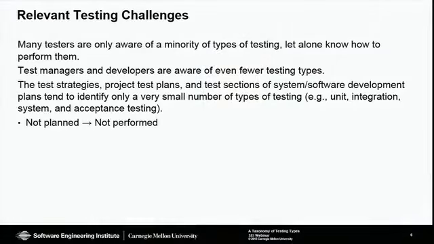And naturally, test managers and project managers and developers are going to be aware of even fewer types of testing than the testers themselves. And if you look at the testing planning documentation, whether it's the test strategy, test plan, or the testing section of a software development plan, they usually only cover a relatively small number of types of testing. And the problem that we have there is, if you're not planning to do it, then you're unlikely to do it. And some of these types of testing are very useful.